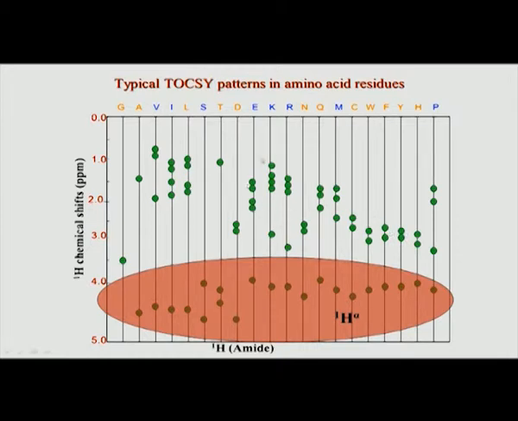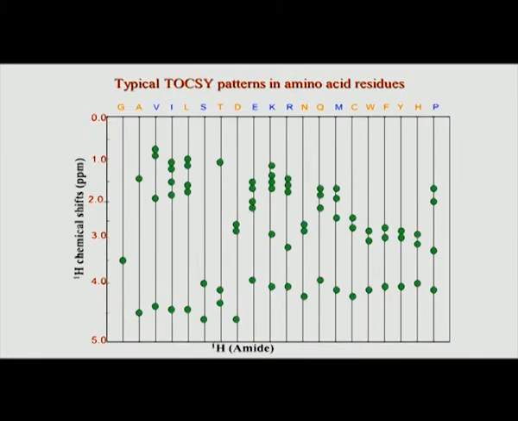Glutamic acid, glutamine, lysine and arginine belong to what are known as long side chain amino acids. Coming back to these protons, there is no strict pattern, but this is the region which we will be using for sequence-specific resonance assignment.